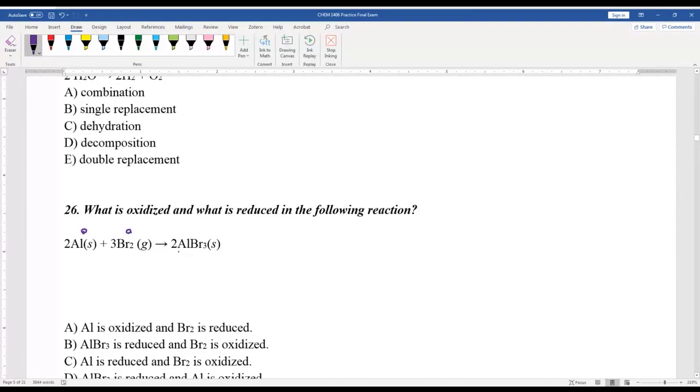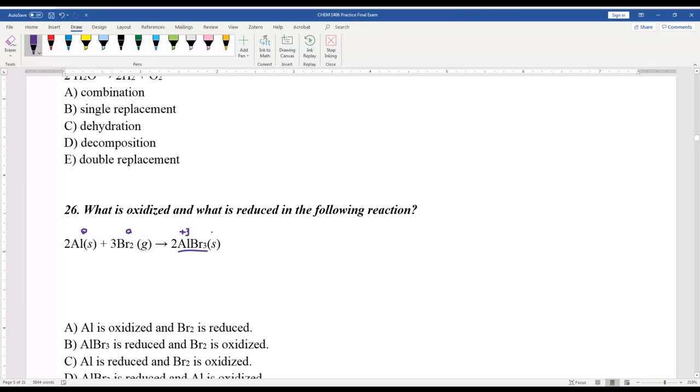Now for an ionic compound, for ions, the oxidation number is the same as the charge of the ion. Well, aluminum bromide is an ionic compound, right? So what is the charge? What is the oxidation number of aluminum? Yeah, the oxidation number of aluminum is a positive 3 because the charge is a positive 3.